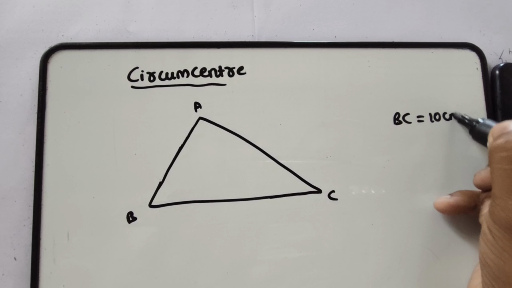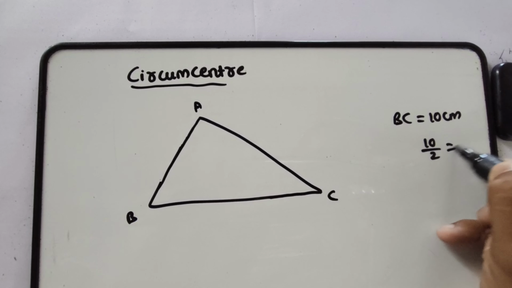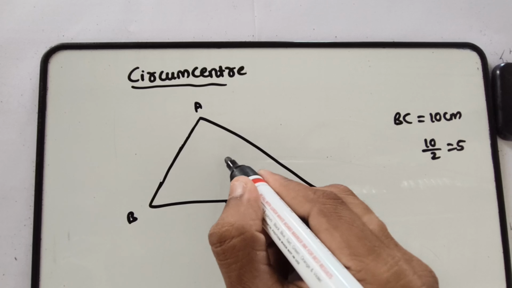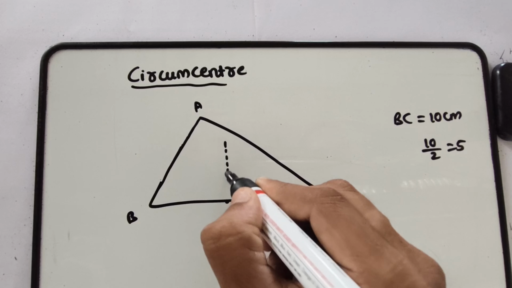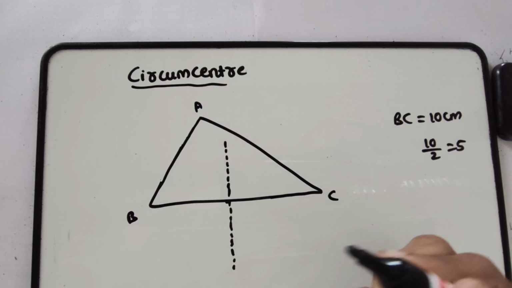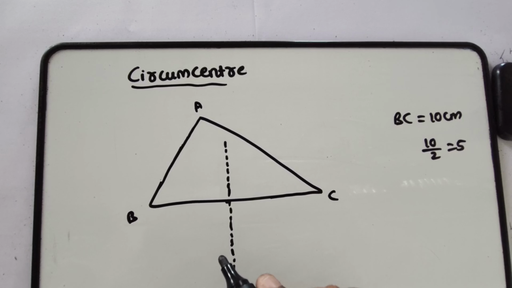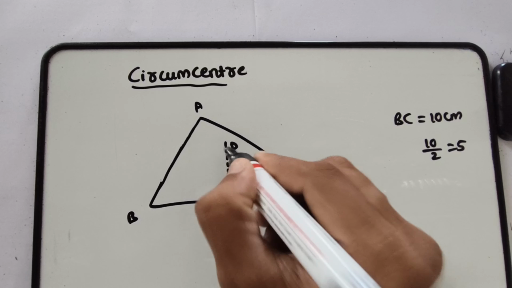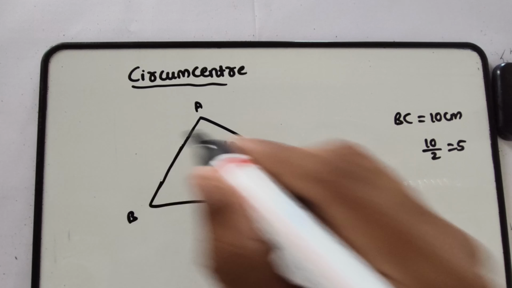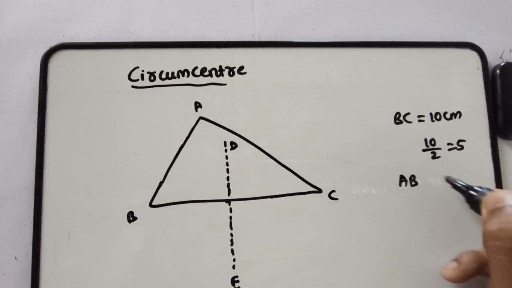If BC is 10 centimeter, the midpoint is at 5 centimeter. I'll draw a perpendicular bisector now, a 90 degree line passing through D. I'll draw a perpendicular line passing through the midpoint. Let DE be a perpendicular bisector of BC.